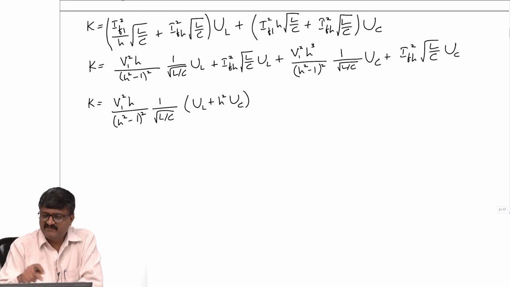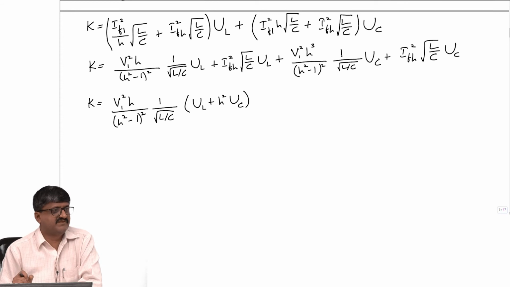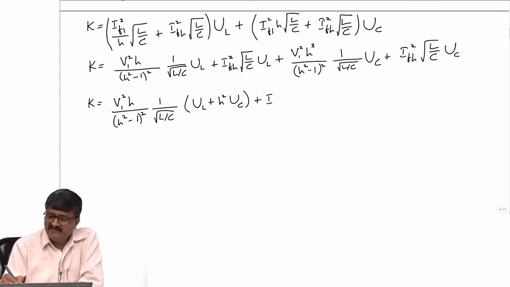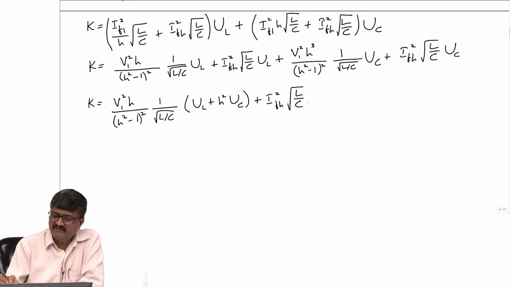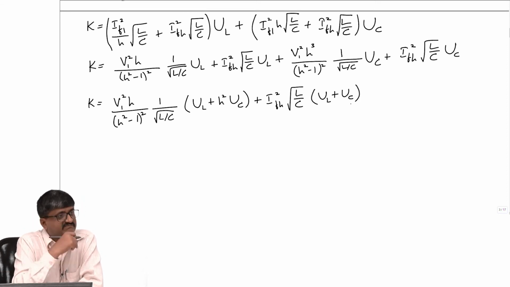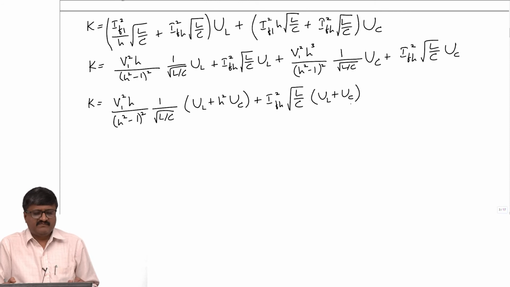I am taking the first term and the third term in the previous expression, plus the second term and the fourth term has a common factor, I of H squared root L by C into UL plus UC.